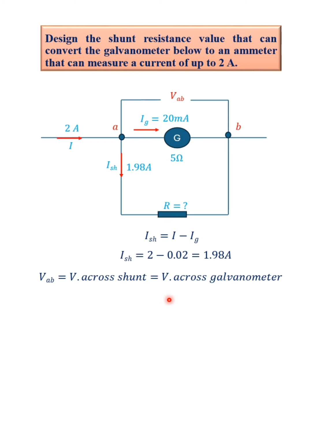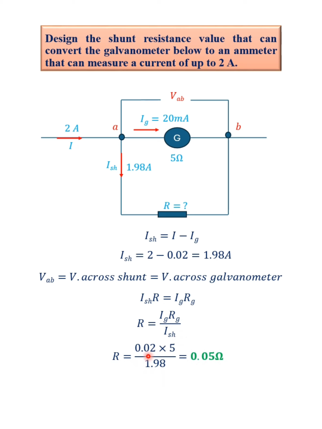Of course, the formula for the voltage is simple: V equals IR according to Ohm's law. So for the shunt, V will be equal to I shunt times R, and that will be equal to, for the galvanometer, IG times RG. We are looking for R, so to make it the subject of the formula, we divide both sides by I shunt, so that R becomes IG times RG all over I shunt.